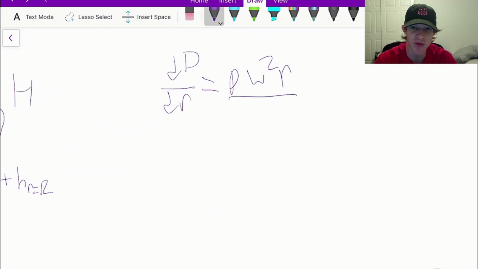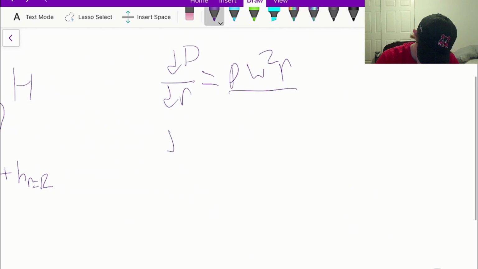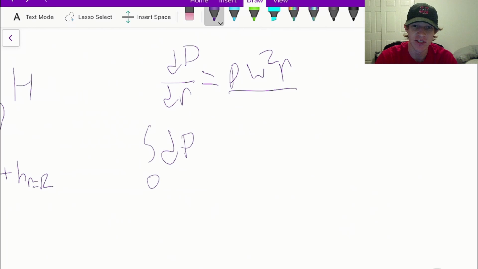Alright, and once we have that, we're going to integrate both sides. The boundaries of integration will be from 0 to P, and you notice that we have P in both the boundaries and inside, so we're going to make a dummy variable. So we're just going to call that P prime, and we'll do the same thing on the right side.